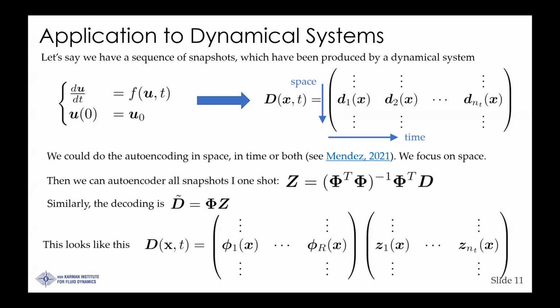The result of this will be a Z, which in that exercise will be 4 times NT, because each of those snapshots has been compressed to 4. You will now argue, yes, but I will do the encoding also along the rows and not along the columns. Yes, but we will come back to that. Let's start first thinking about the encoding only along the columns. Do you have questions? Everything is clear?